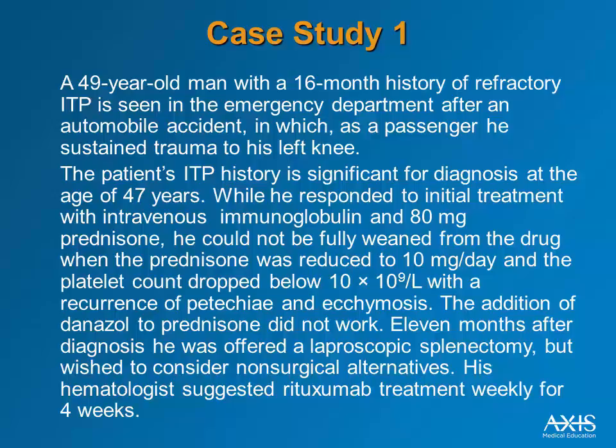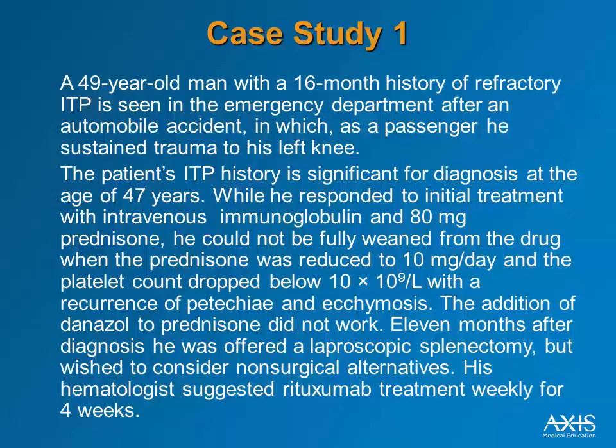Platelets rose to normal over a 2-week period, but he could not, over the next 6 to 8 weeks, be weaned off his prednisone, and in fact, when his prednisone dose was reduced to 10 milligrams a day, his platelet count dropped below 10,000 platelets per microliter.